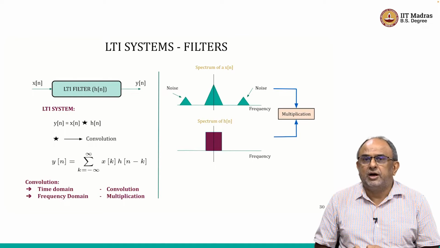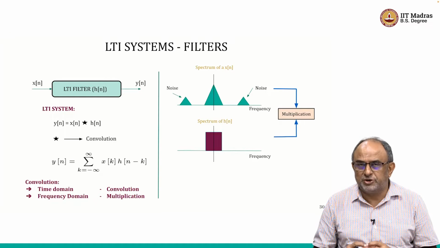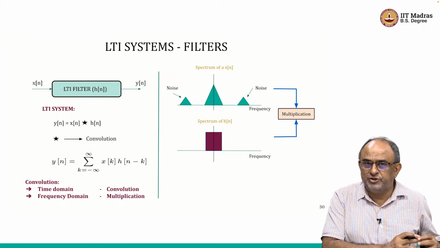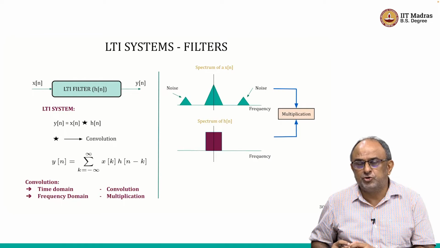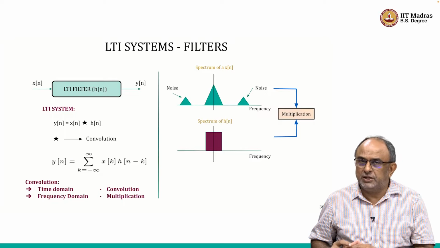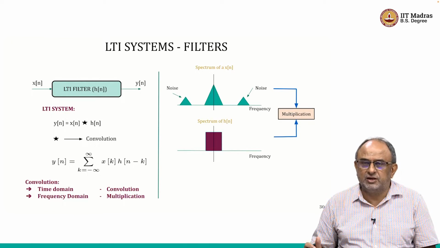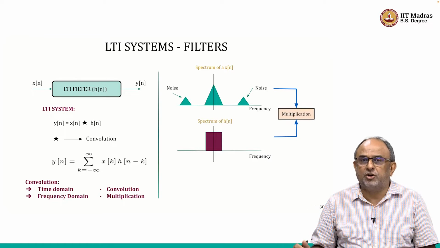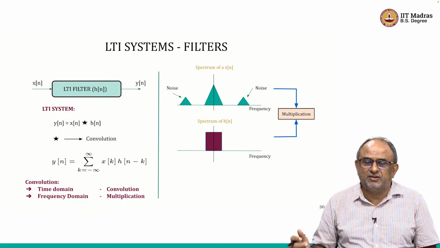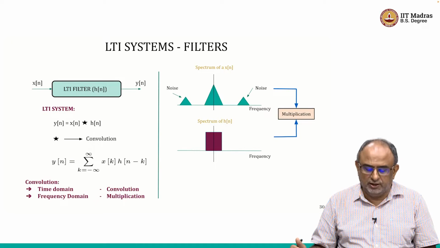As I said in the first class itself, the information content is the same. The same information is present, but sometimes it is more visible or easier to extract in the time domain, and sometimes more useful in the frequency domain. It is the same signal, but two different ways of looking at it, like two different ways of looking at a coin. It is still a 5 rupee coin. One side could be heads and the other side could be something else. It is the same coin, but each gives a different view of it.